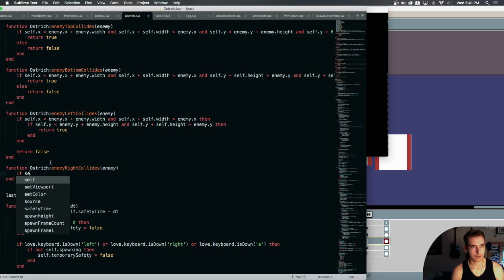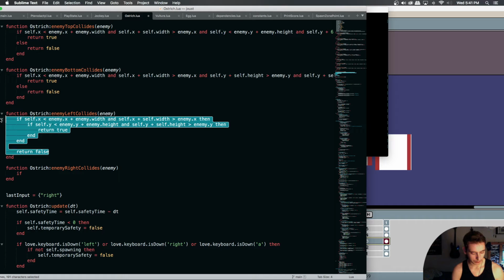Since it's not left collides and right collides anymore... see, no, we do need it. We need a left collide and right collide because we need to do different things depending on which side it's collided upon. That's the whole idea.